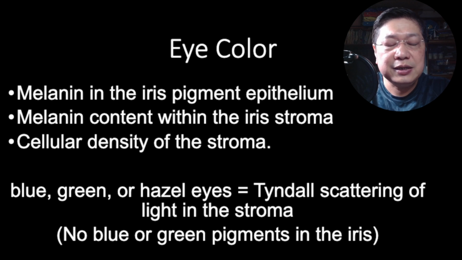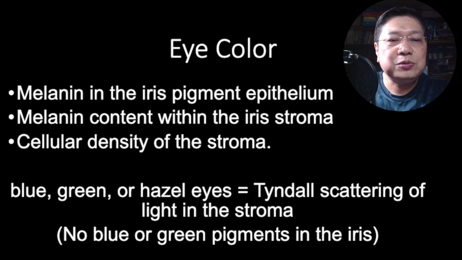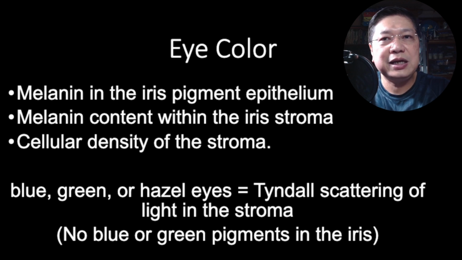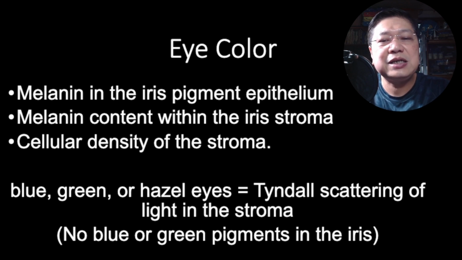It's not in the epithelium, and it's determined by the cellular density of the stroma, how thickly packed they are, and how much melanin it has. Now, there is no such thing as blue, green, or hazel pigments inside the eye. When you see somebody with blue, green, or hazel eyes, there is just Tyndall scattering of the light.